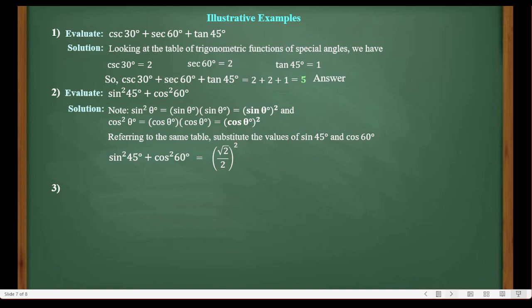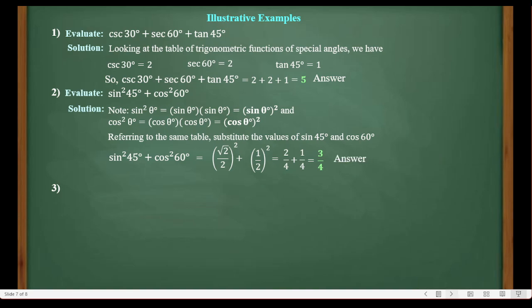So that is plus the quantity cosine 60 degrees is 1/2, so 1/2 squared. Then square each term, you will get 2 over 4 plus 1 over 4. Okay, add two fractions with the same denominator, so we just simply add their numerators. Therefore, your answer is 3/4. Okay.